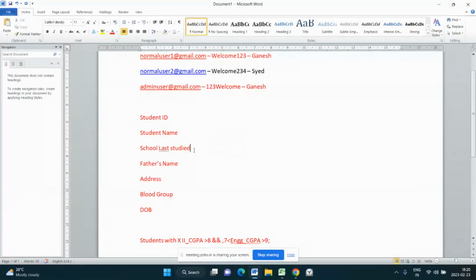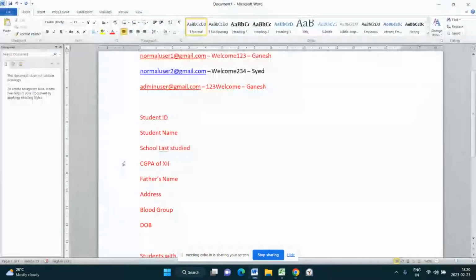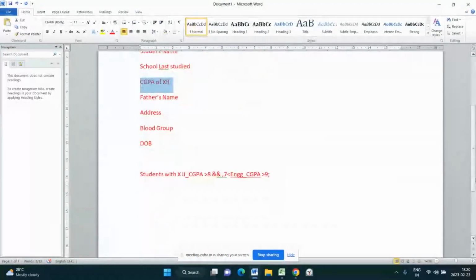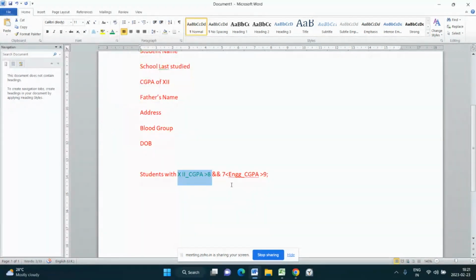Supposing I did not capture the CGPA of 12th. A recruitment organization like Tata Consultancy Services comes and asks for students with 12th standard CGPA greater than 8 and engineering CGPA between 7 and 9.